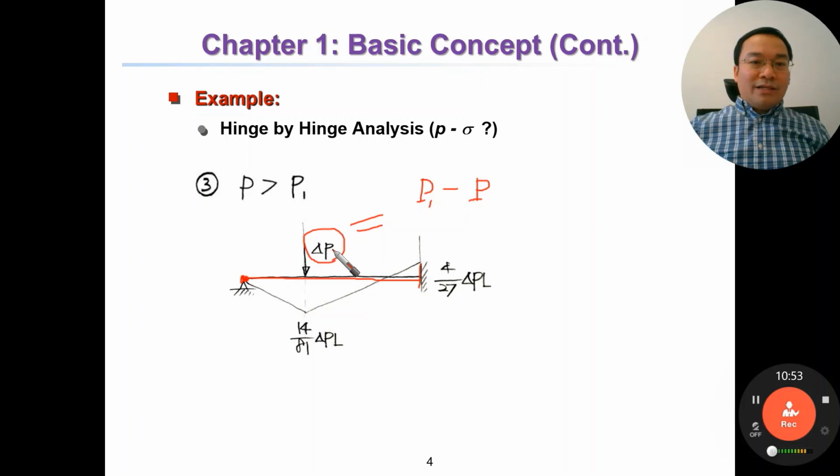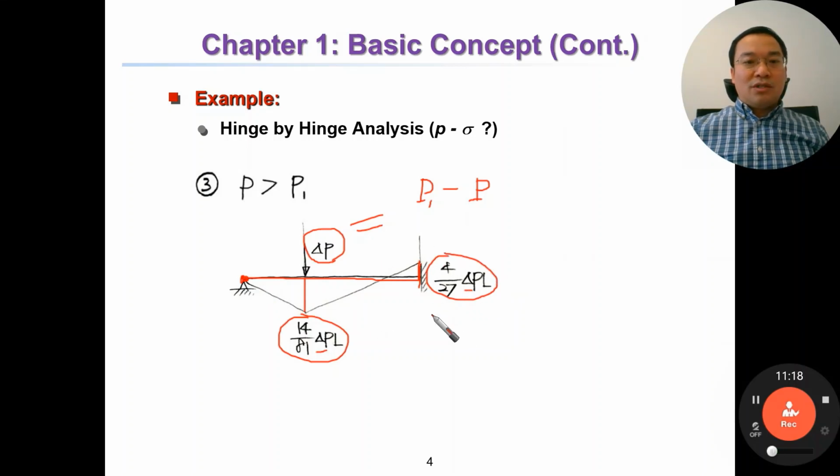And due to ΔP, the moment here is 14/81 ΔP L. And the moment here for this structure is due to ΔP, and now the structure is changed due to the first hinge.